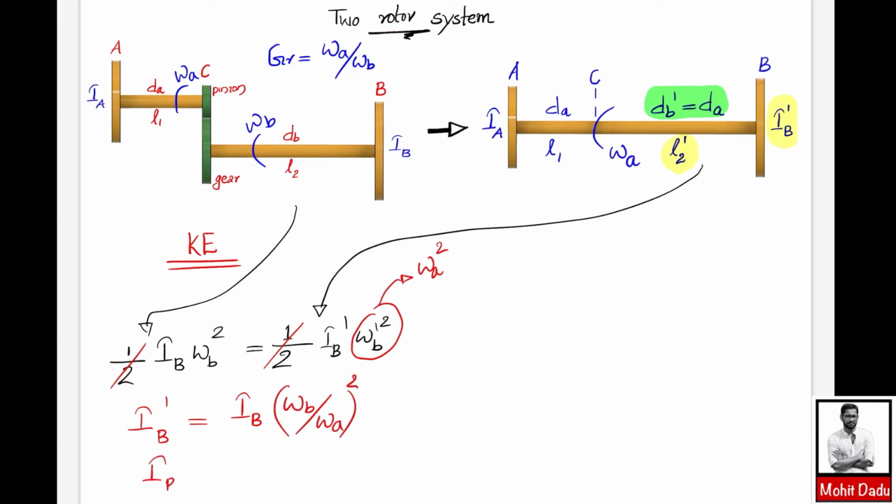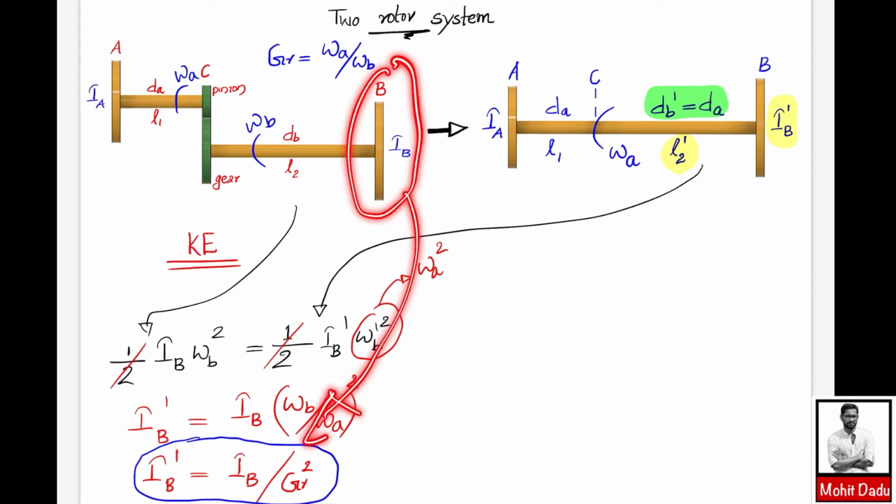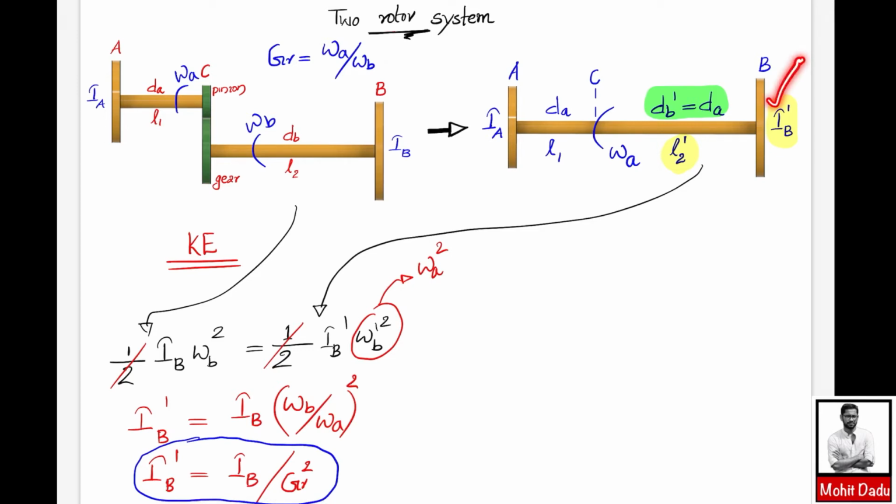So this IB dash will become IB into, you know that omega A by omega B is the gear ratio, so this can be written as IB divided by the square of gear ratio, that is GR square. So this will be the change in mass moment of inertia if you are forming a 2 rotor system out of this geared system. Then the new mass moment of inertia of the second rotor, which is coming in at the end of this geared shaft, that is IB, will become IB dash, which is equal to IB divided by GR square.